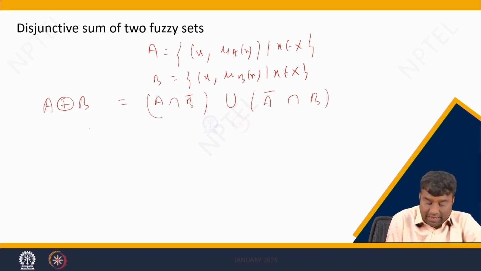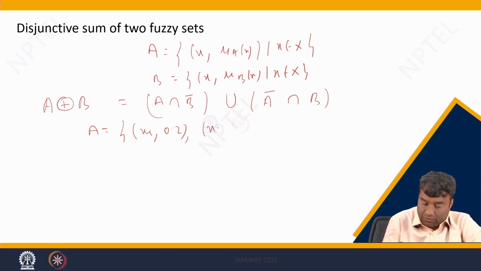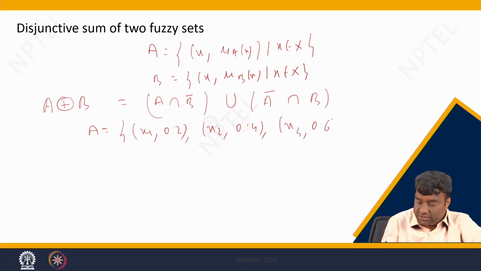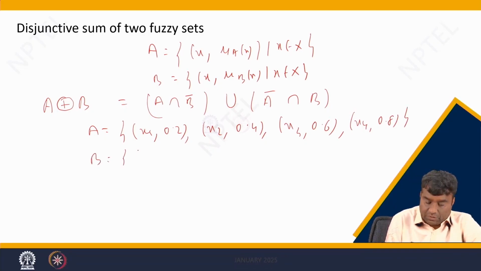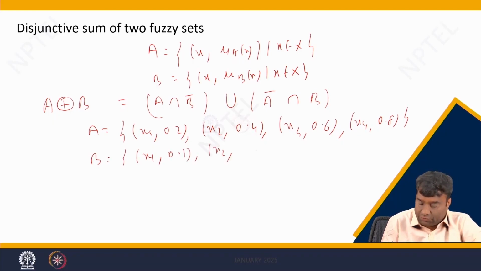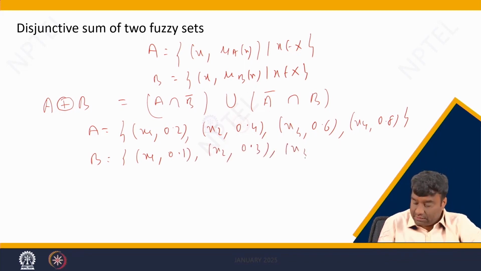Here A, we are taking the same values: x1 0.2, x2 0.4, x3 0.6, x4 0.8. B: x1 0.1, x2 0.3, x3 0.5, x4 0.7.